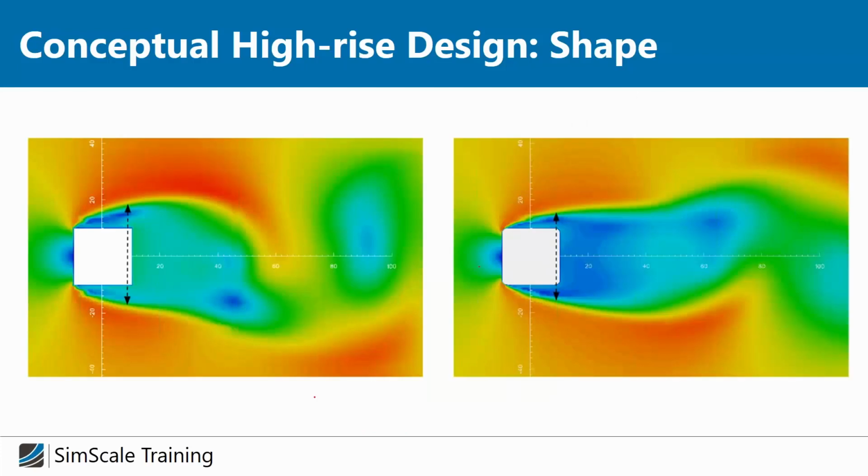And especially if you take a look at the width of the wake, it becomes obvious that having these round corners is reducing the flow separation here, and therefore this whole wake structure becomes smaller in terms of width as well as length.